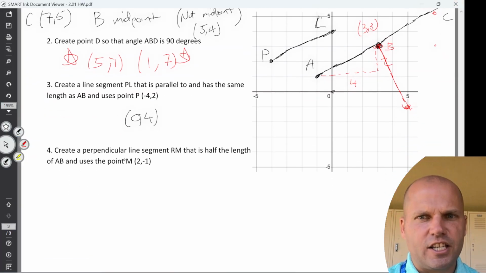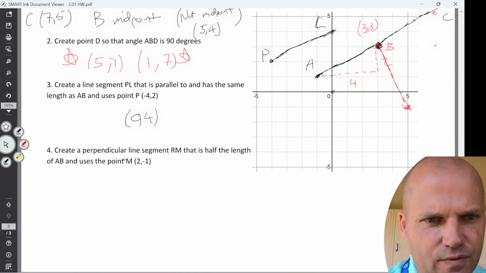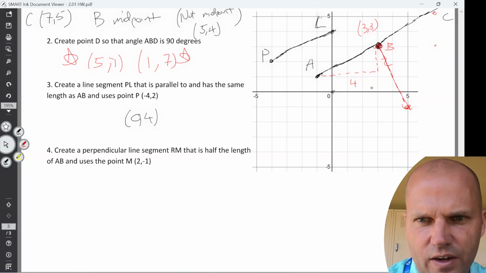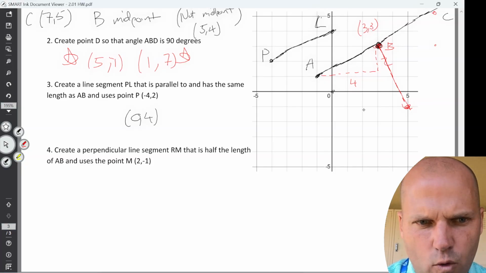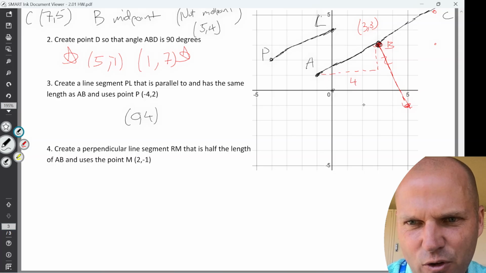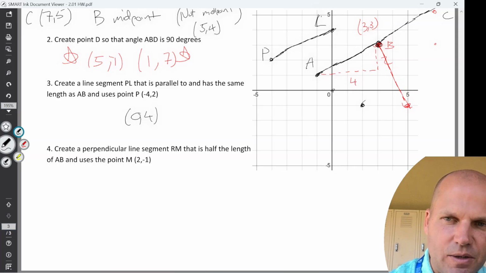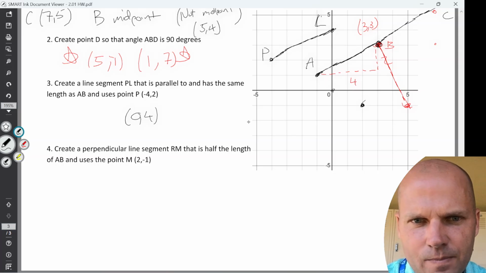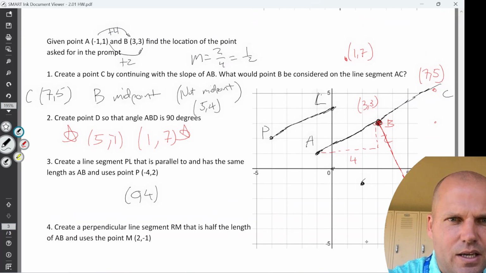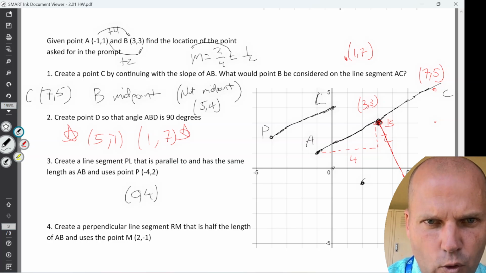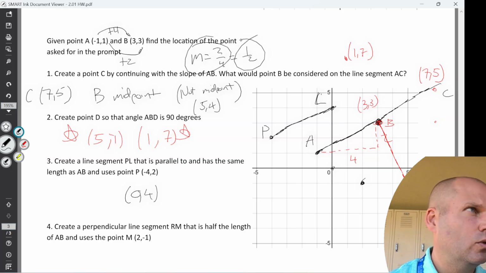Create a perpendicular line segment RM that is half the length of AB and uses the point 2, -1. How can I create half the length? Well, we can simplify the slope of AB, 2/4, to 1/2.